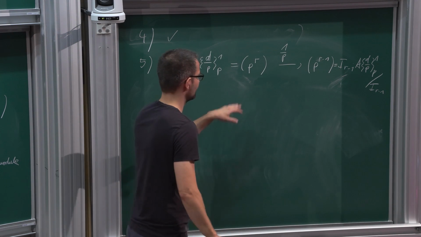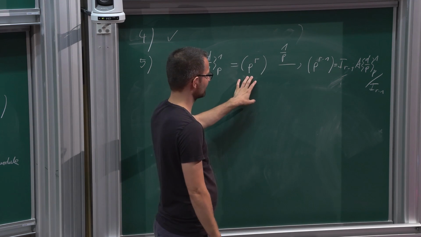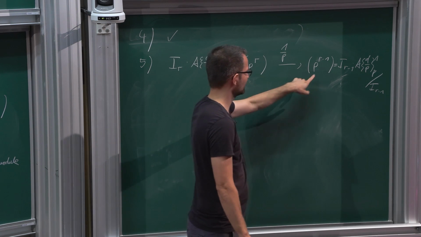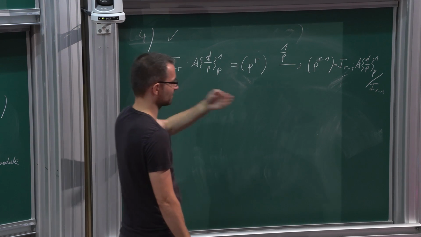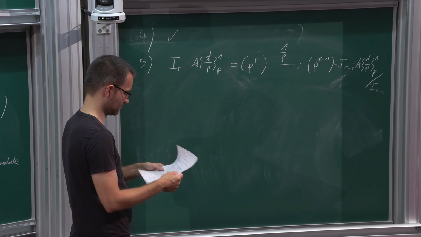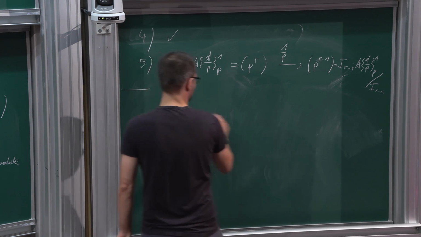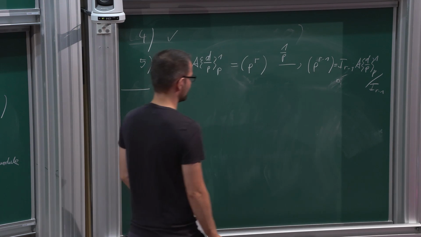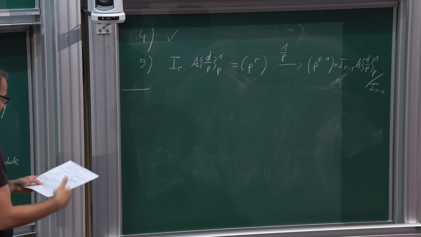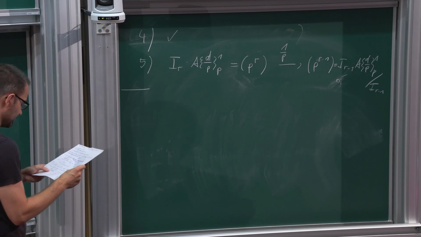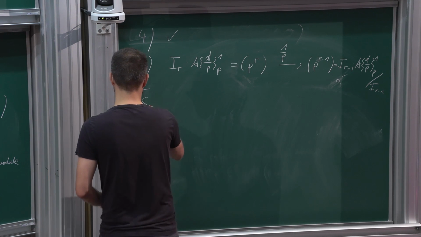And so one sees in this crystalline case one has the canonical generators p^r and p^(r-1), and then this transition map exactly matches them up, and so one gets the canonical trivialization. And so this finishes the sketch of the construction of a Breuil-Kisin twist.